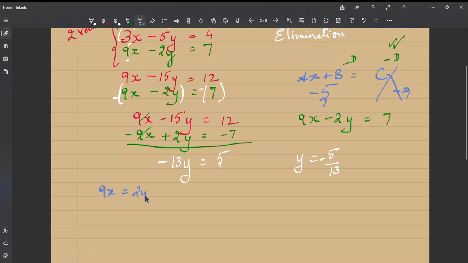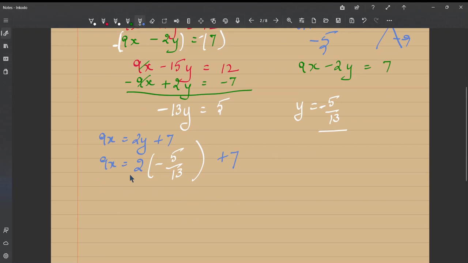9x is equal to 2y plus 7, or 9x is equal to 2 into your value of y, minus 5 by 13, plus 7, which is equal to 2 into 5 is what? 10. So 9x is equal to minus 10 by 13 plus 7. Now still we cannot add both because the denominators are different. So 13 becomes your least common multiple.